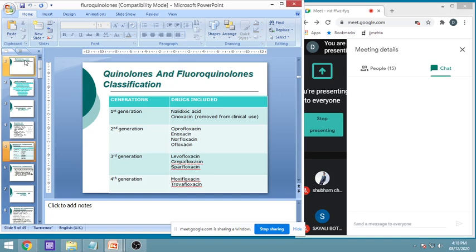Then other agents came, that is, after norfloxacin came ciprofloxacin, which is still available and still marketed. Then enoxacin, then ofloxacin. These were the second generation floxacins. Third generation was levofloxacin, grepafloxacin, sparfloxacin. Then fourth generation is moxifloxacin, trovafloxacin.